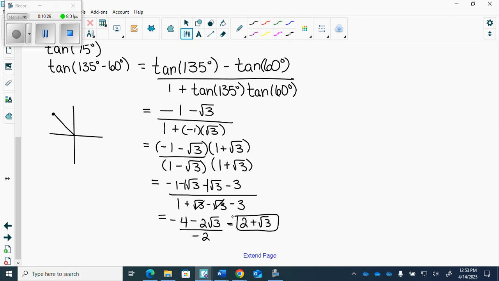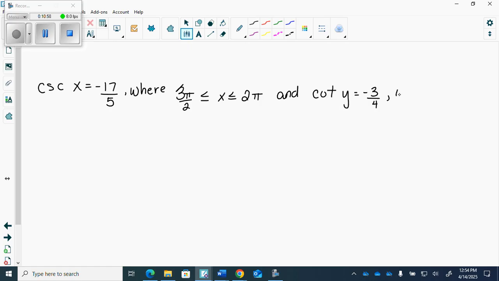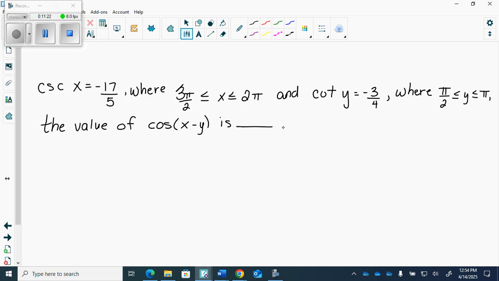Okay, try this one out. So you need to draw 2 triangles, correct?